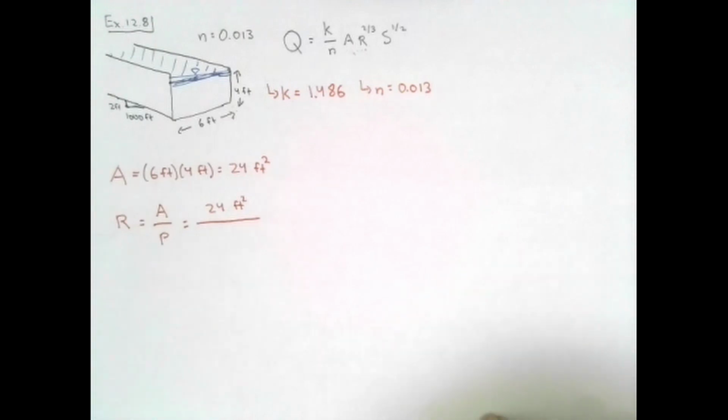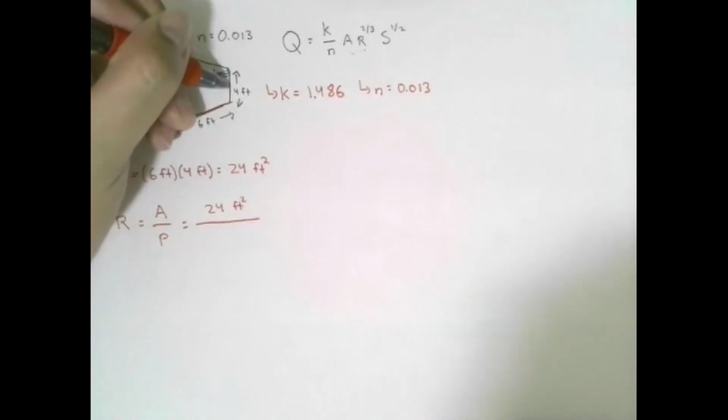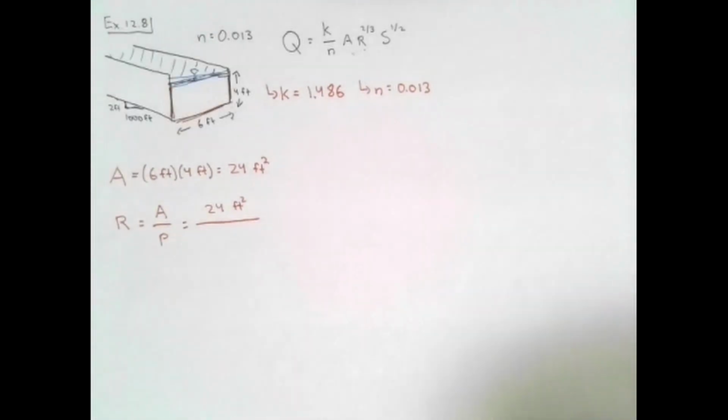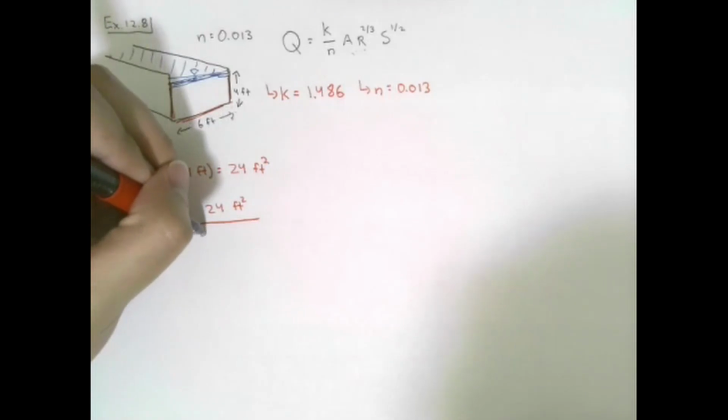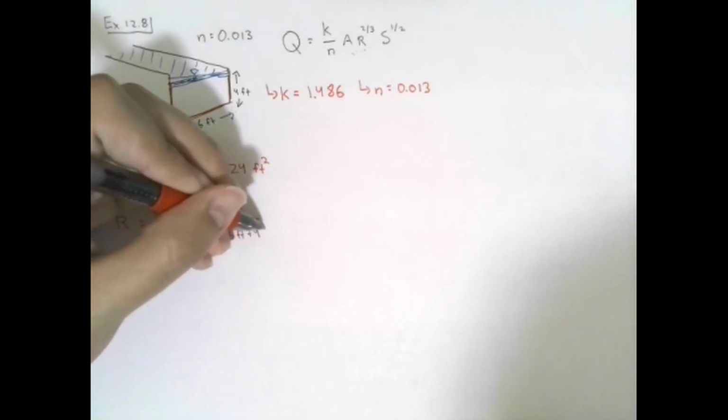So what would that wetted perimeter be? 14 feet. All right, that's correct. We get 4 feet from the side plus 6 feet, that's 10, plus another 4 feet, which gives us 14 feet. I'm just going to write it down, 4 feet plus 6 feet plus 4 feet.